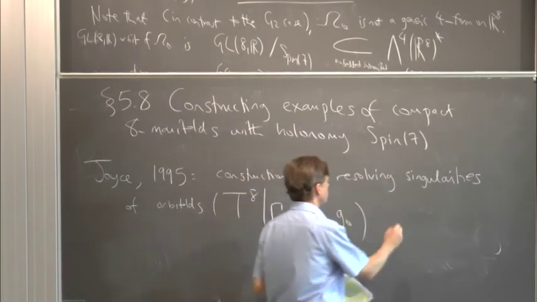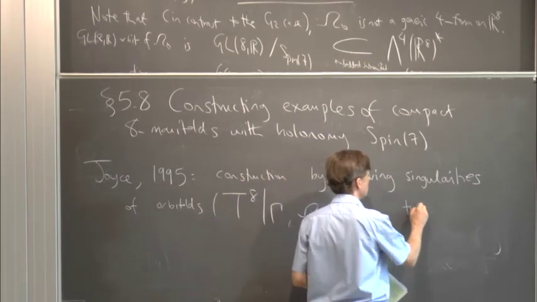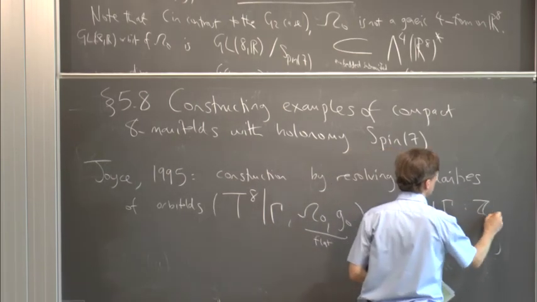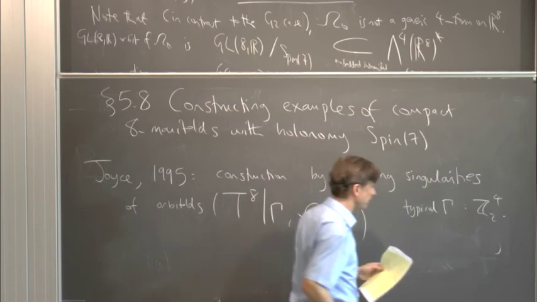So your typical Gamma might be, for example, Z_2^4 would be the simplest examples.